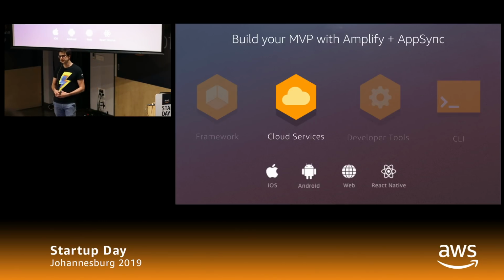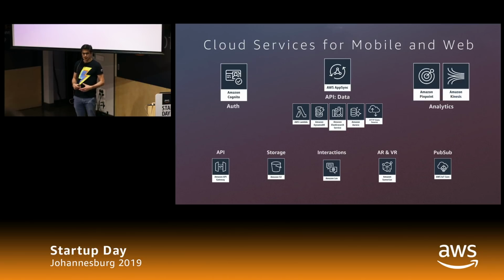When we talk about the cloud services, really we're now talking about everything inside of AWS Cloud. Some of the common ones that people would start to work with would be Cognito, and this is what we provide for authentication. It allows you to do authentication through other providers, such as Facebook or other social providers. Then it has all the different data sources.